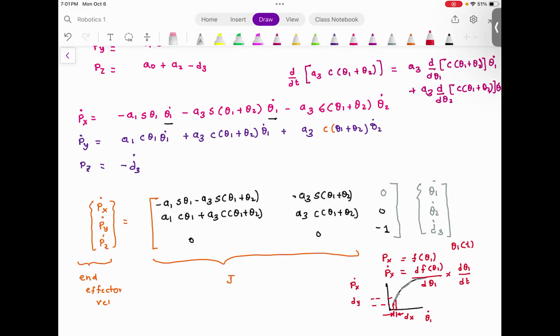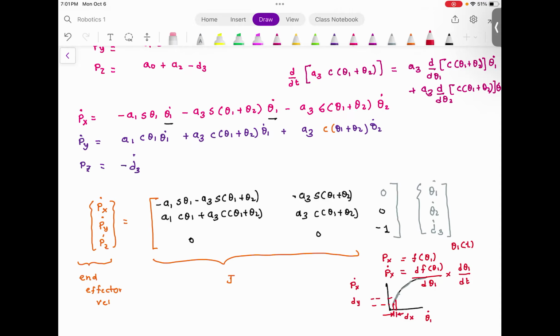One thing I want you to observe: Jacobian depends upon the values of theta 1 and theta 2. As the joint moves, instantaneous values of theta 1 and theta 2 change, which means the Jacobian is always changing as time goes on. Do you agree with me?